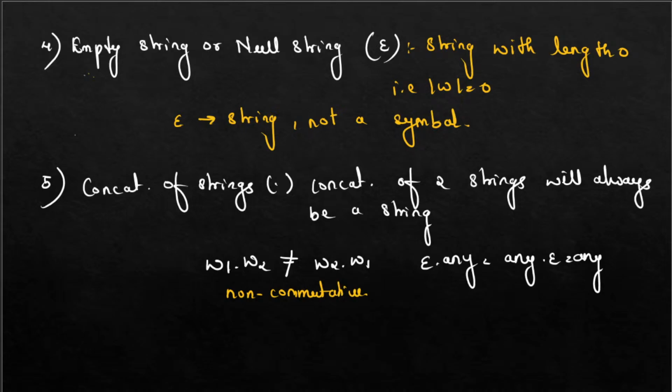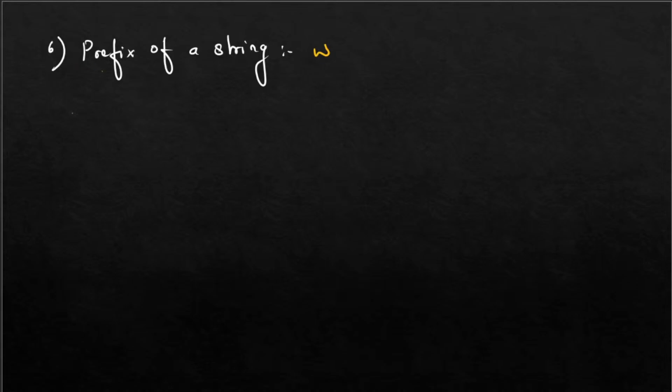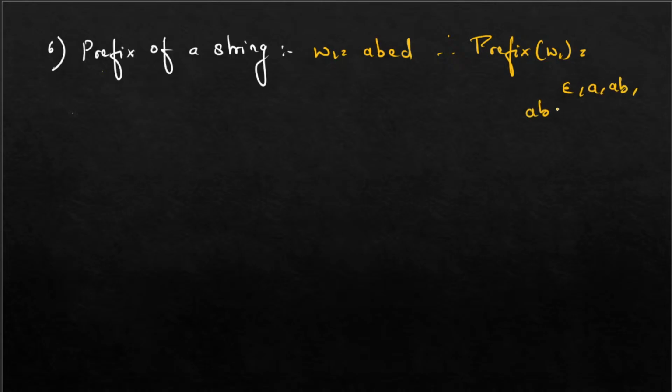So let's now understand prefix of a string. The 6th point is prefix of a string. Let's say we have w1, which is a, b, c, d. The prefixes of w1 are epsilon, a, a b, a b c, and a b c d.